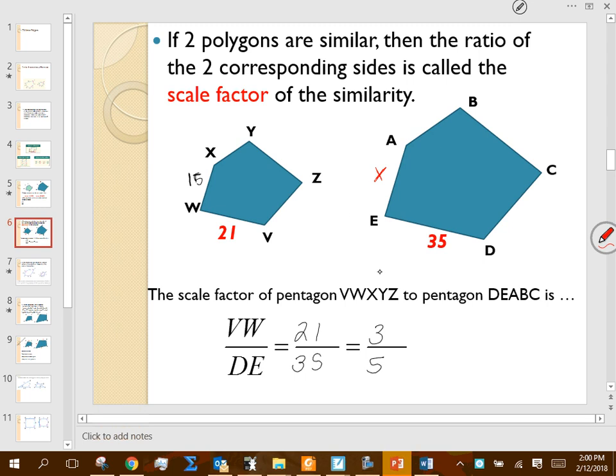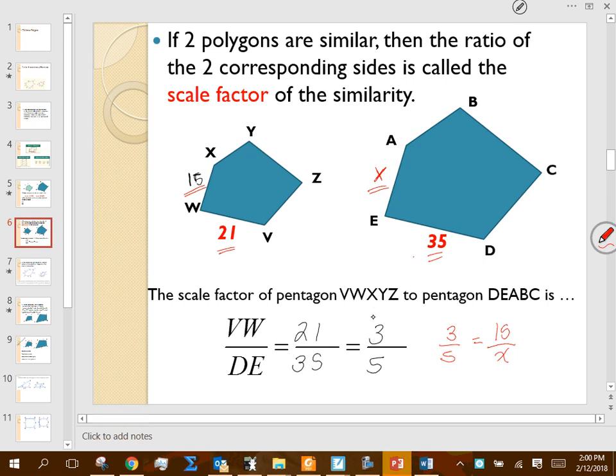Every single time I divide corresponding sides, that division went down to 3/5, right? So shouldn't the division of 15 over X also equal 3/5? So we say 3/5 is the same thing as 15 over X. Does that make sense to everybody? I've got a proportion now. Think about my numerators, the 3 and the 15.